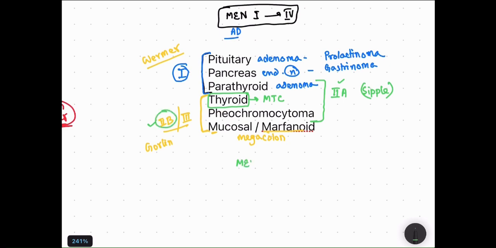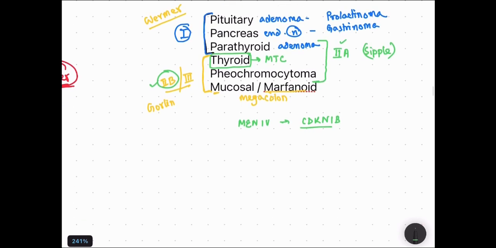Now MEN 4 is associated with CDKN1B mutation. Please remember this has renal tumors, adrenal tumors, and testicular tumors along with pituitary and parathyroid adenomas.